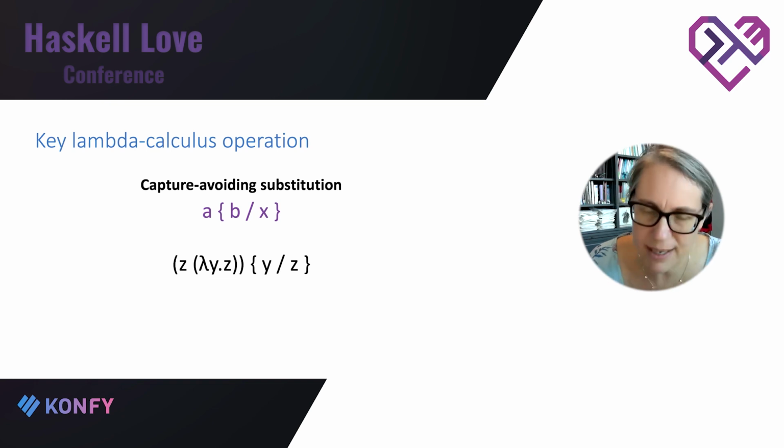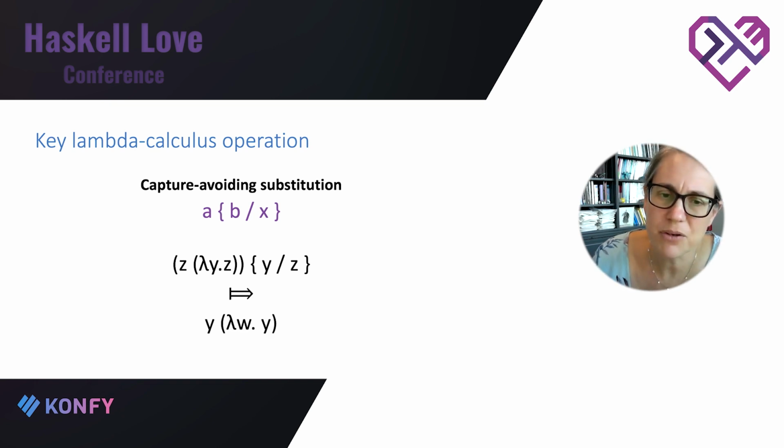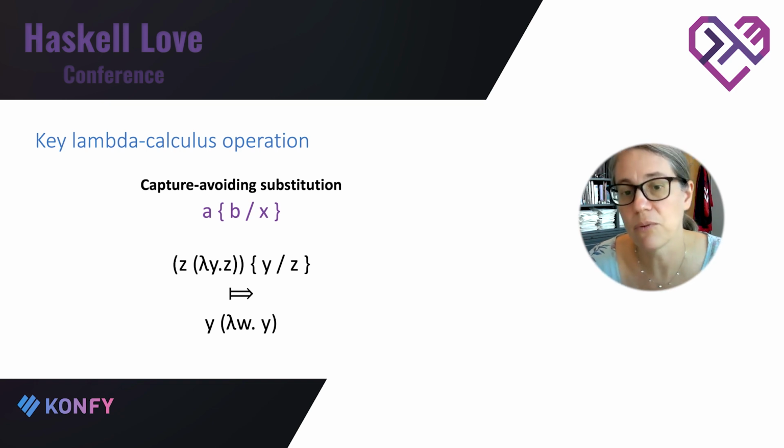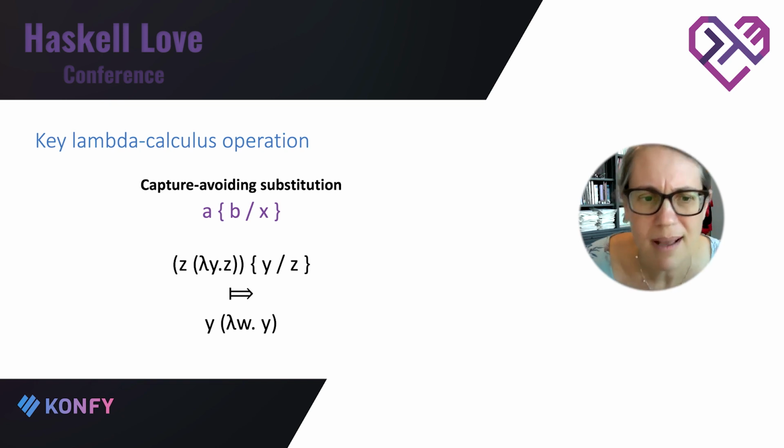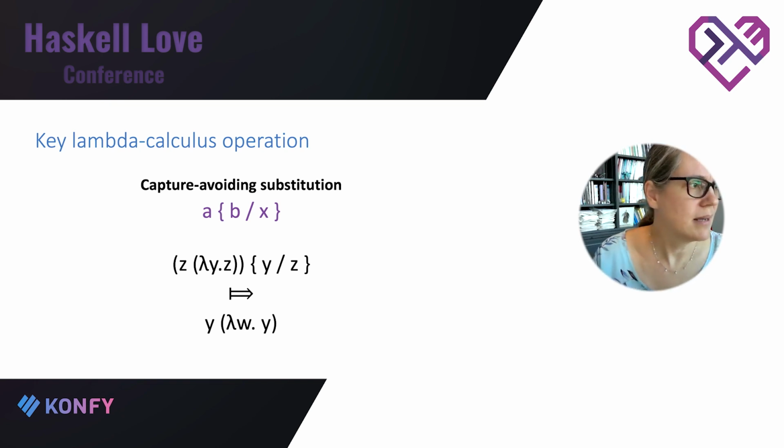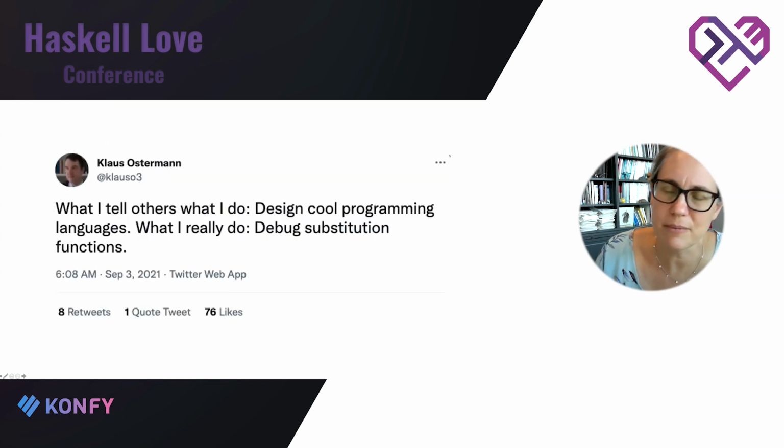We have to rename that binder so it doesn't capture the new free variable y that we put in. Right, and this is well known, and there are many, many ways to implement it, but it is also notoriously tricky to implement. Even as I was preparing for this talk, I saw a tweet earlier this week that really resonated with me. There are a lot of people out there who spend a lot of time implementing substitution functions.